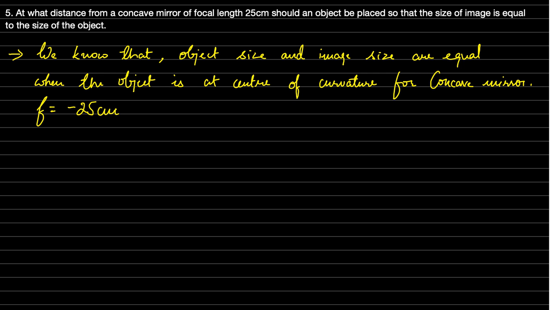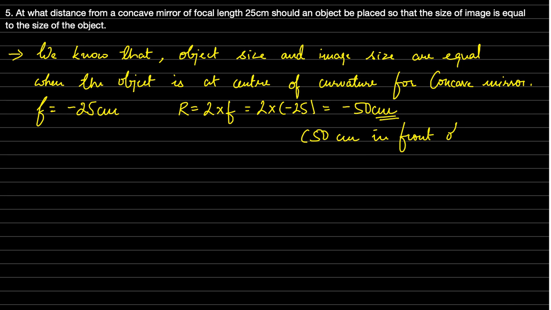So r, that is radius of curvature, is going to be equal to 2 into f, that is going to be equal to 2 into minus 25, that happens to be minus 50 centimeter. As you can see, we have got the same answer, so we can write 50 centimeter in front of mirror.